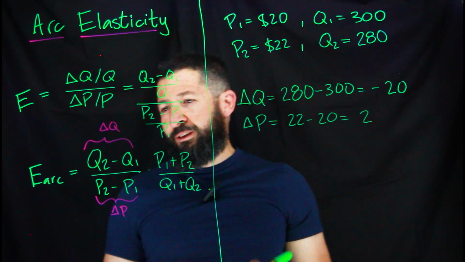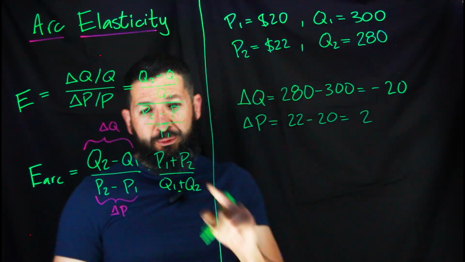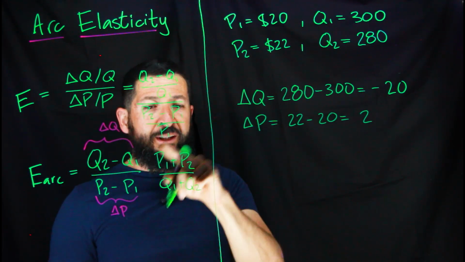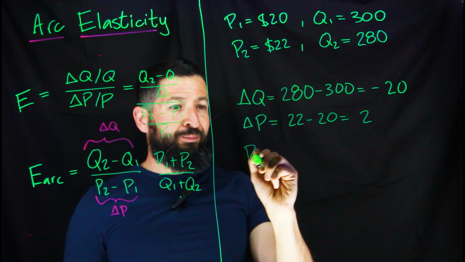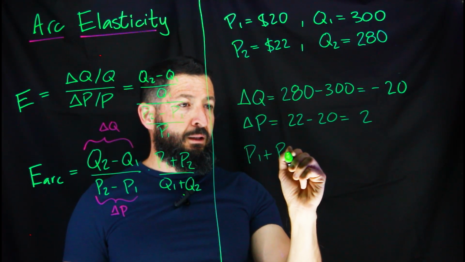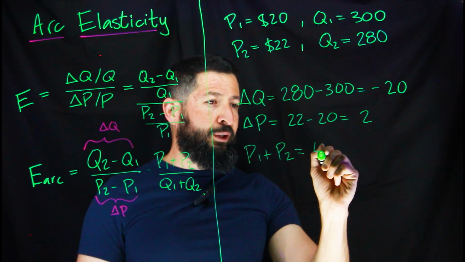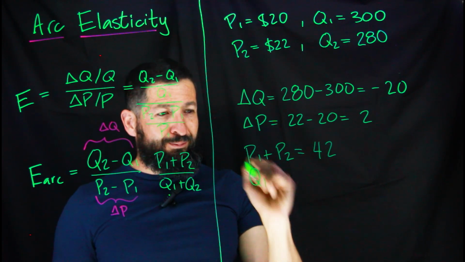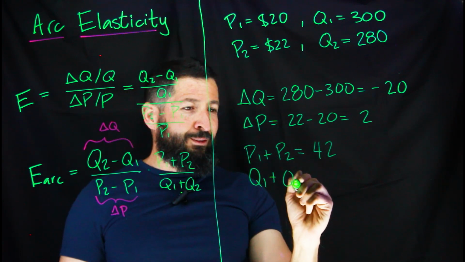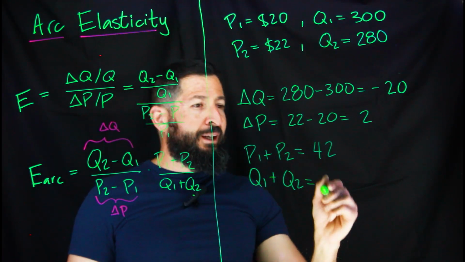So you increase by $2, you drop by 20 people. Now I need to compute this quotient. So P1 plus P2 is equal to 20 plus 22, which is 42. When you add Q1 and Q2, you get 580.